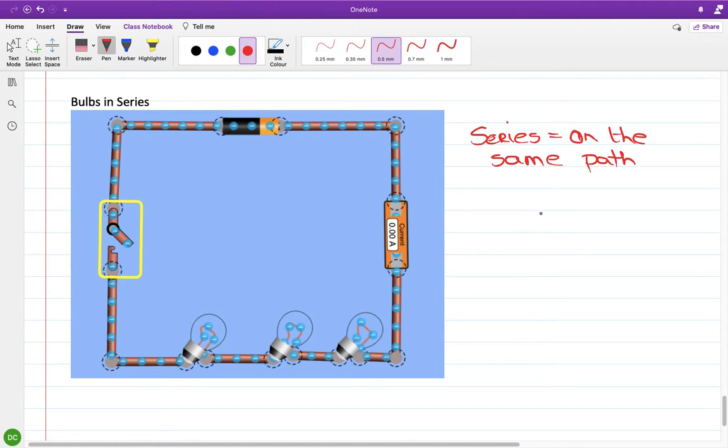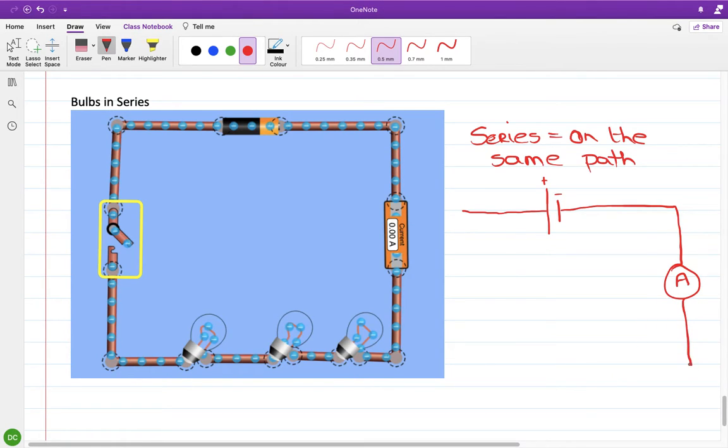Let me show you what a component diagram would look like. For a battery, this is the component diagram: a long line and a short line representing the positive terminal and the negative terminal. Wires are just straight lines, as straight as can be. This here is an ammeter. It measures current, so it is shown with an A in a circle.